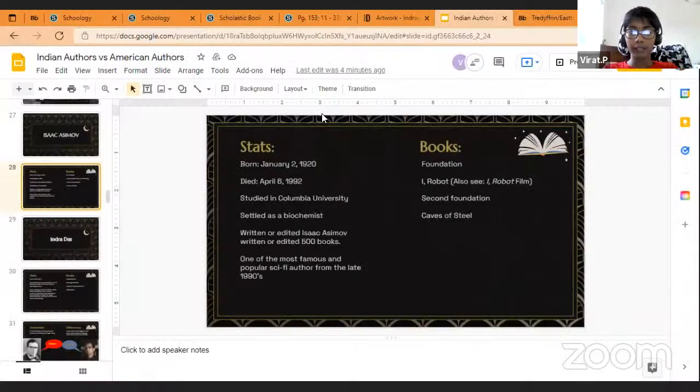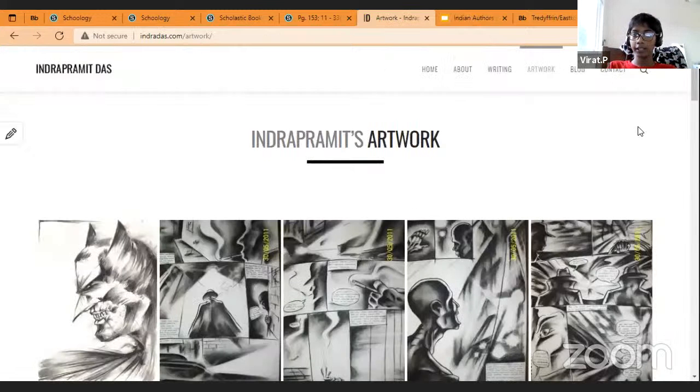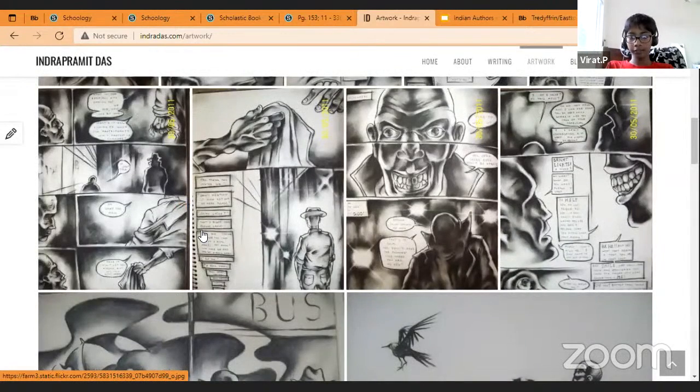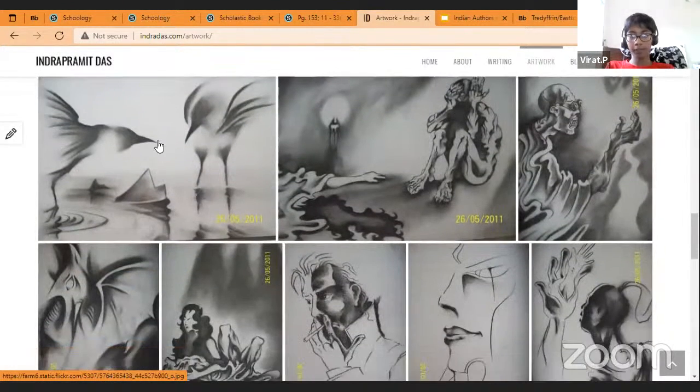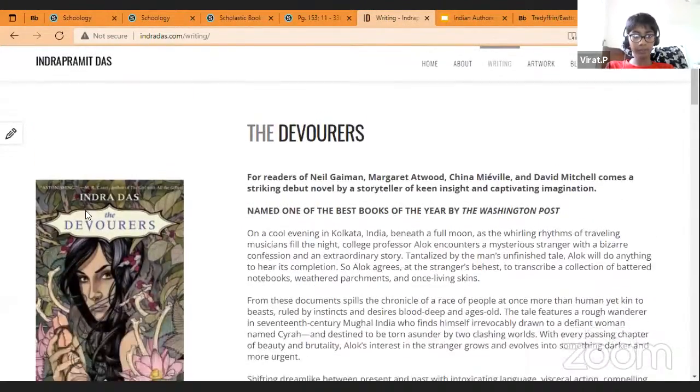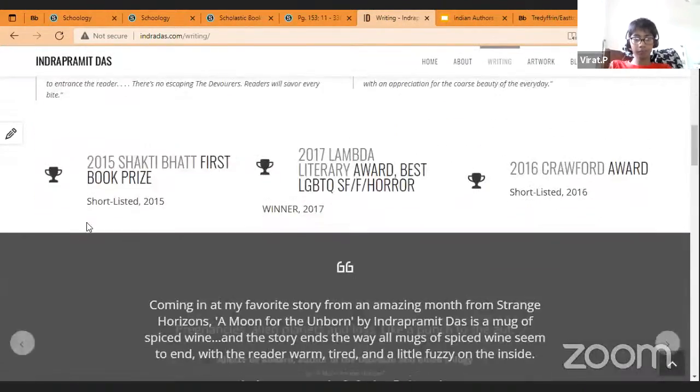This is actually Indrapramit Das's website. He has a website and it's pretty cool. So he's not just an author, but also an illustrator. He also works on art, so here is some of his artwork. The Devourers is his most famous book.